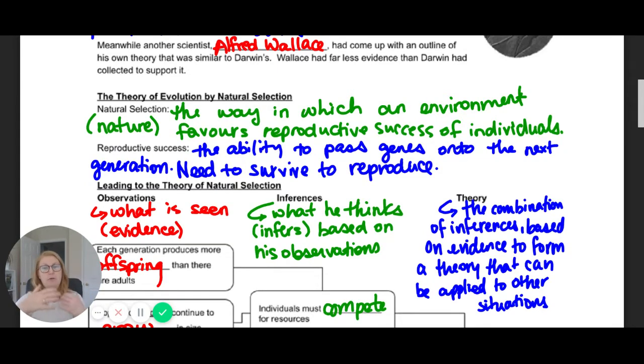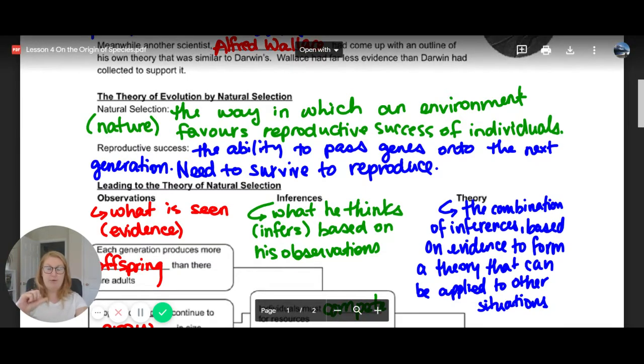That's something that you'll hear me say often: a high reproductive success, often called a high fitness. If you are unable to survive to reproduce, you would have what's called a low fitness or a low reproductive success. We're going to come back around to those in just a few minutes.